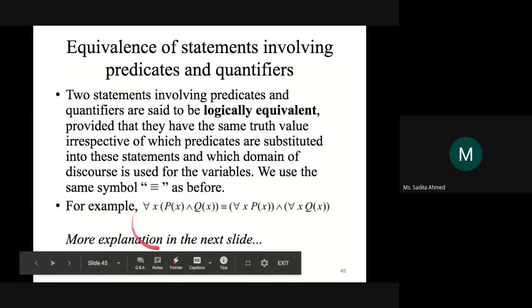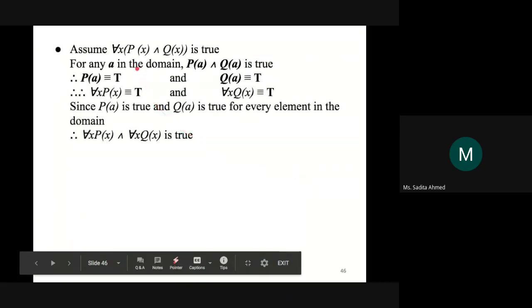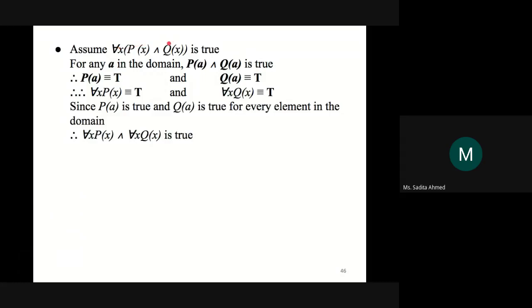So we'll start by assuming that the left-hand side is true. The statement is: for all x, p(x) and q(x) is true. That is, for all possible values of x from the domain, whichever domain you pick, p(x) and q(x) is true. That is our assumption.